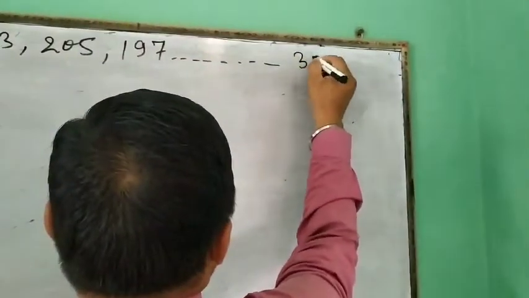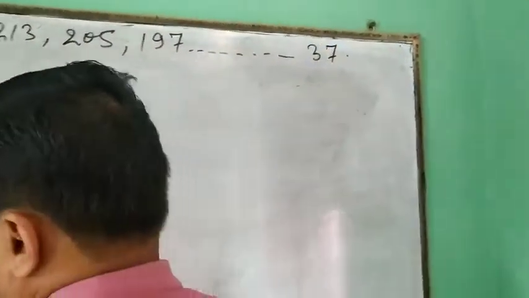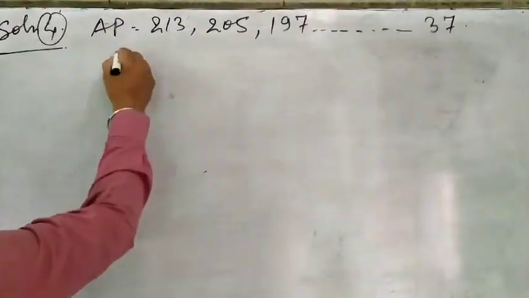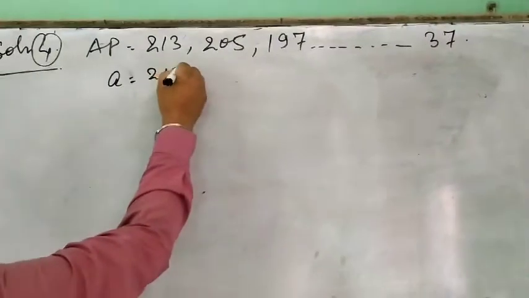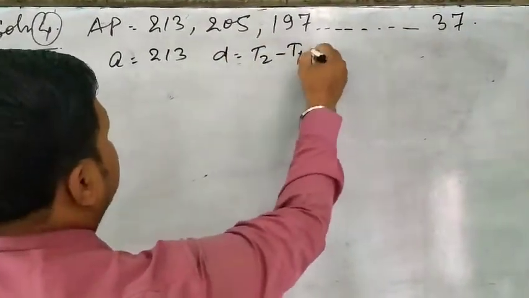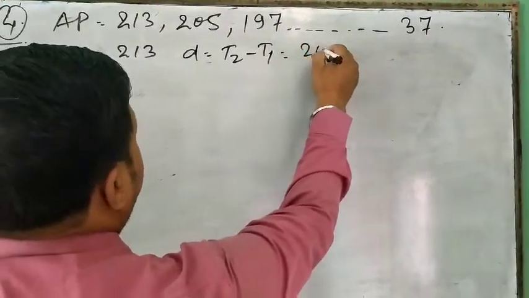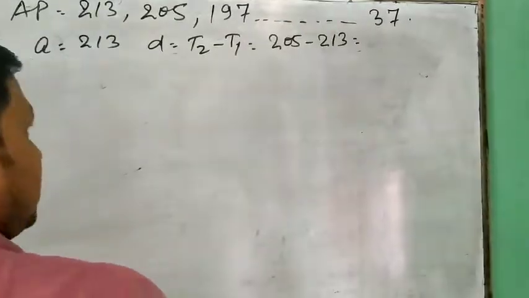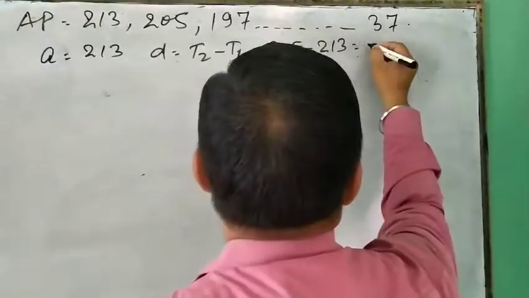Your last term is 37. That means A equal to 213, D equal to T2 minus T1, that means 205 minus 213, that is minus 8.